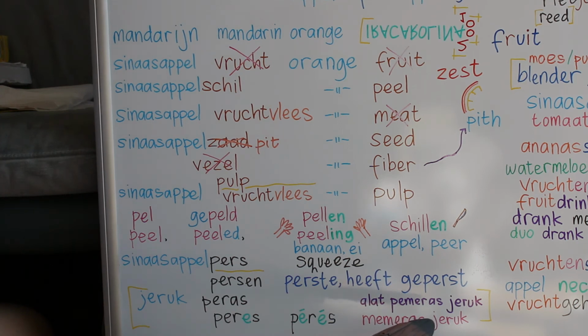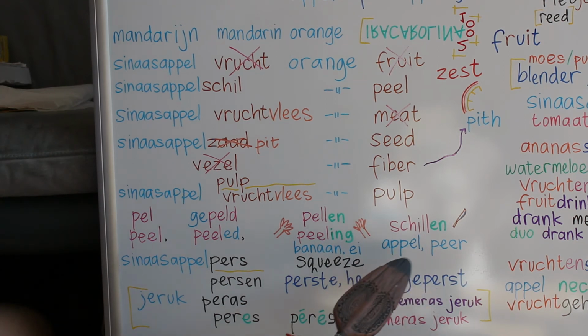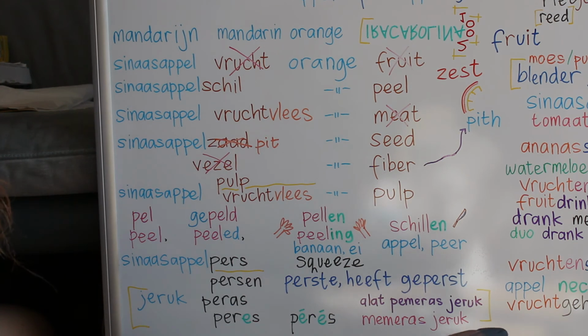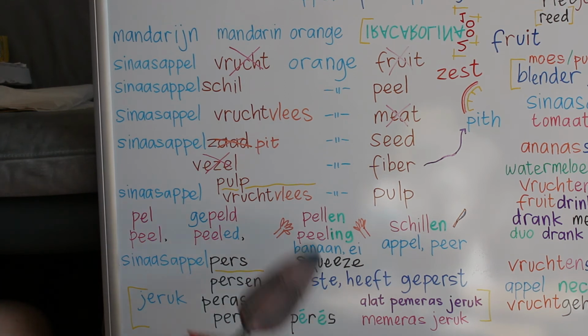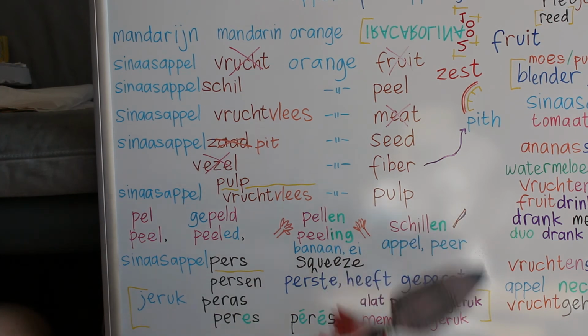Peeling with knife, or schillen, we use for apple or pear. Peel, pel, peeled, gepeld. Peeling, pellen, or can also be schillen if used with a knife.